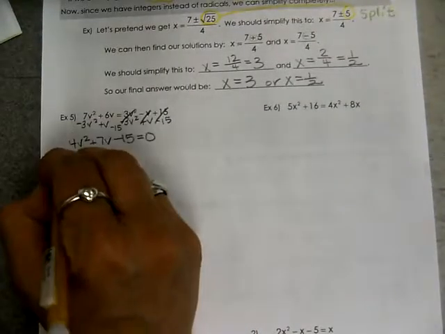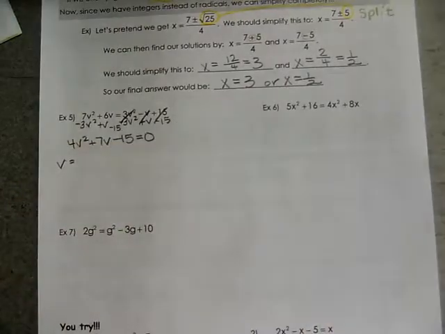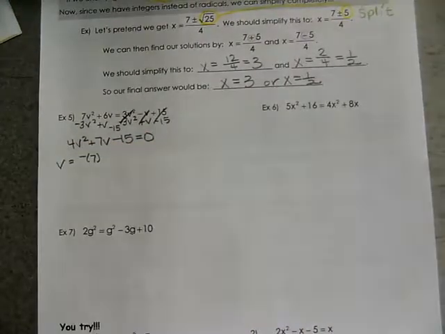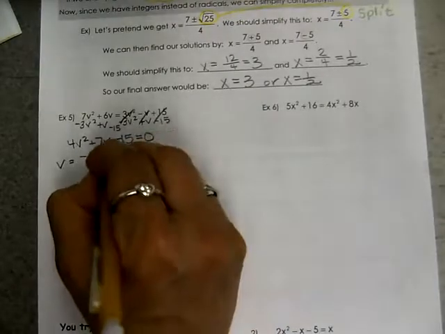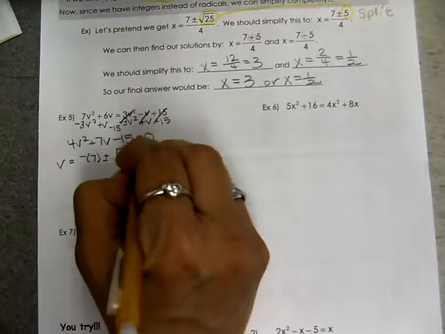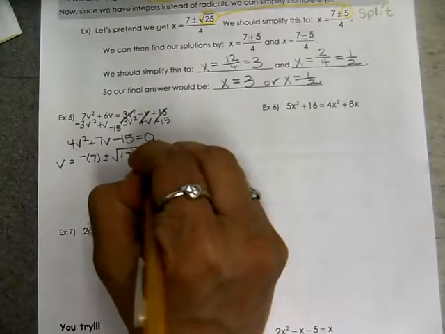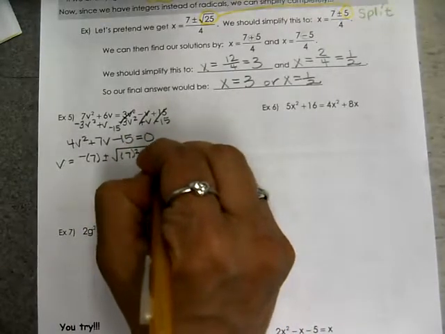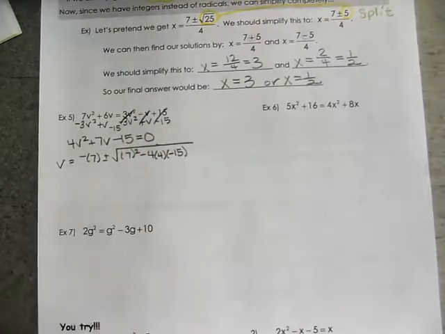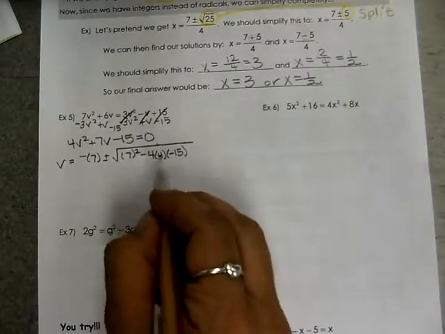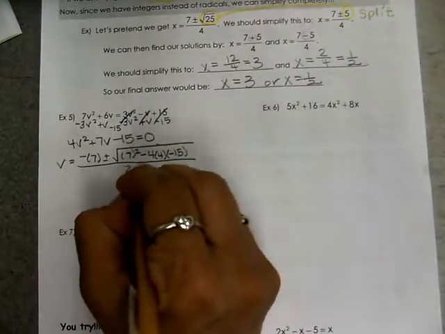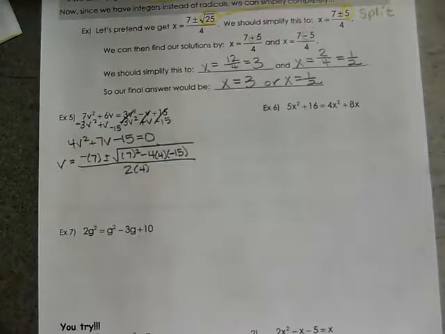So let's put this into the quadratic formula. I'll take negative b, so negative 7, plus or minus the square root of b squared, so 7 squared, minus 4ac, so minus 4 times negative 15, all over 2a, so 2 times 4.